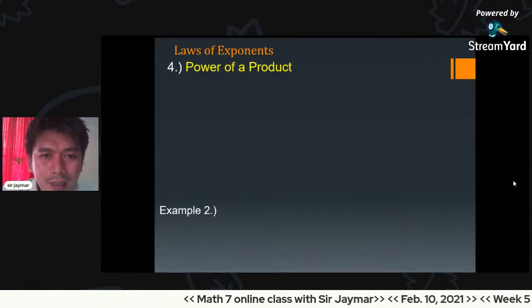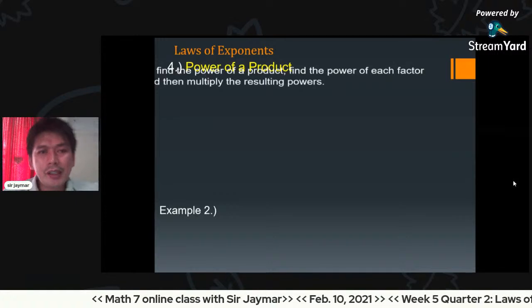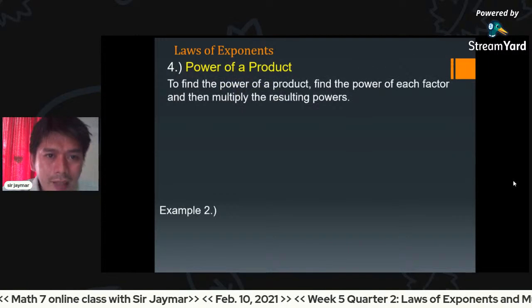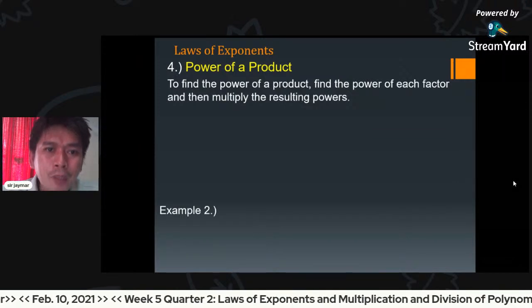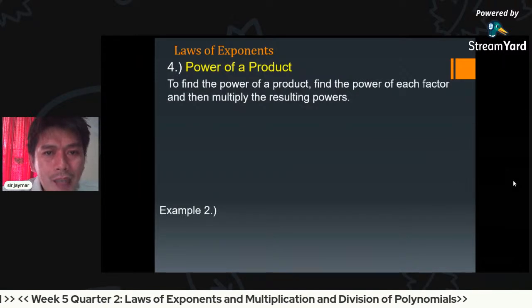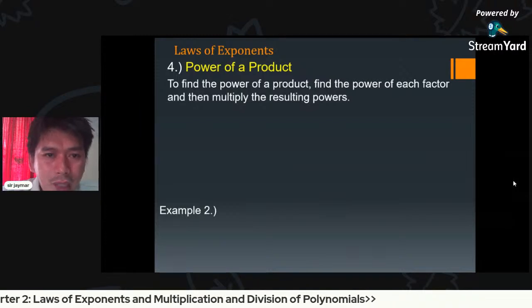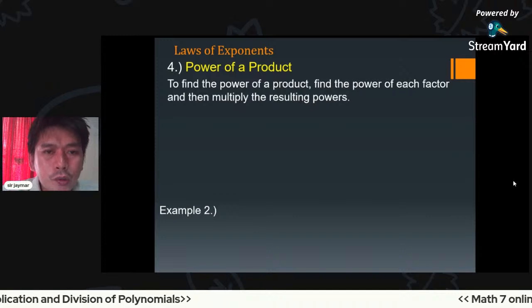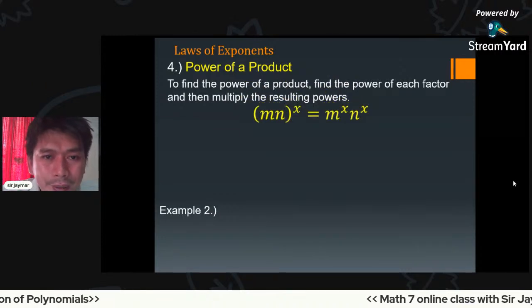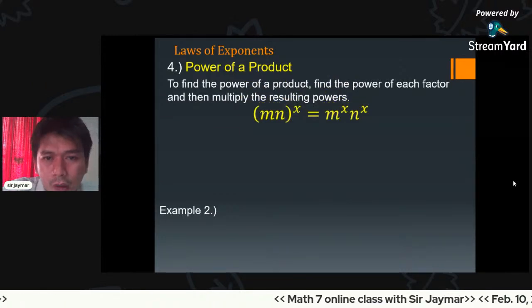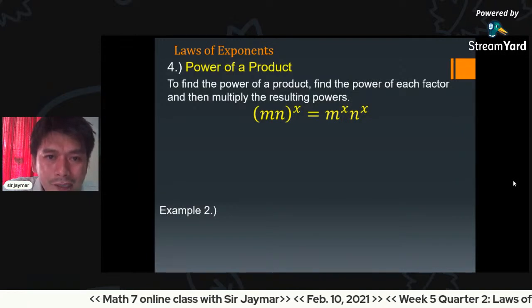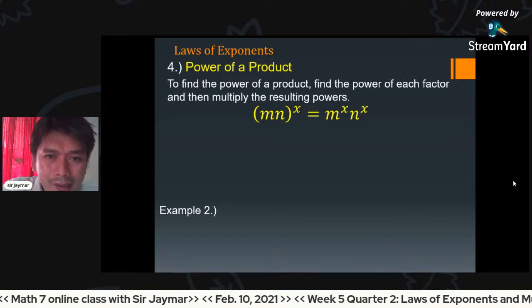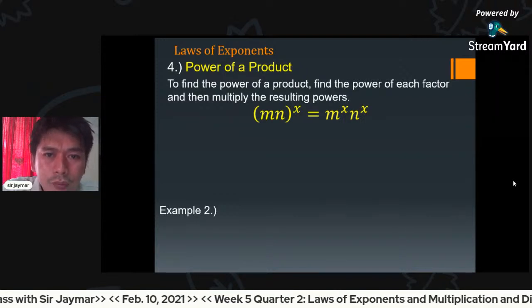Power of a product. These are the next laws of the exponent, the power of a product. To find the power of a product, you find the power of each factor and then multiply the resulting powers. Here is the pattern. You can see m times n, with the exponent x.